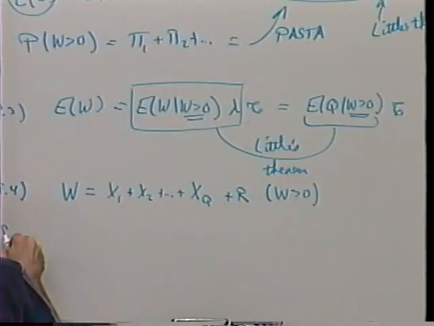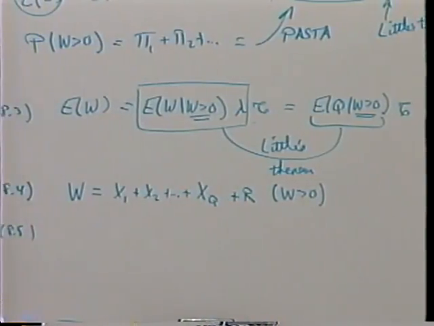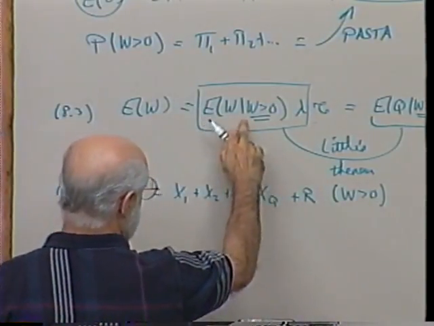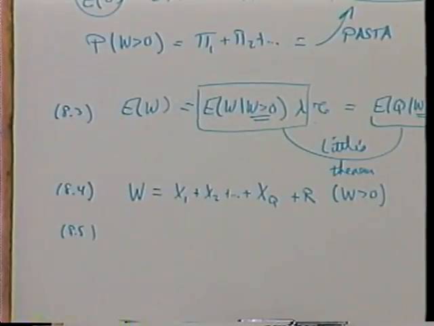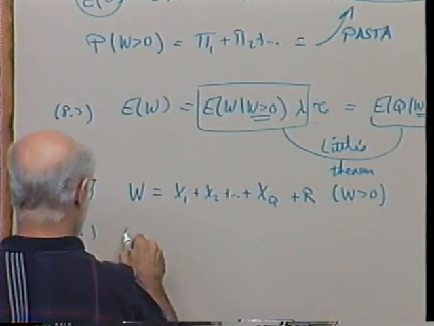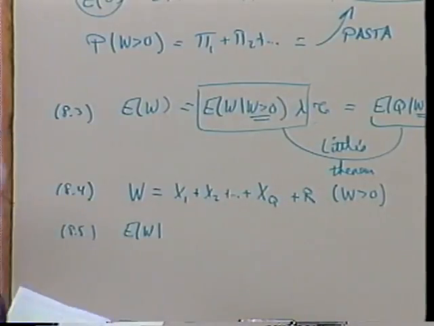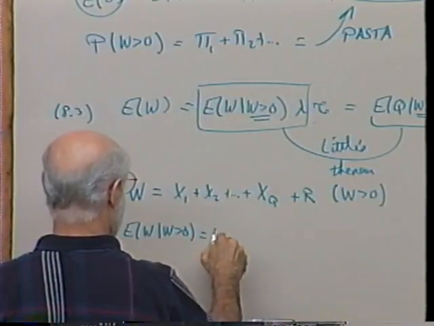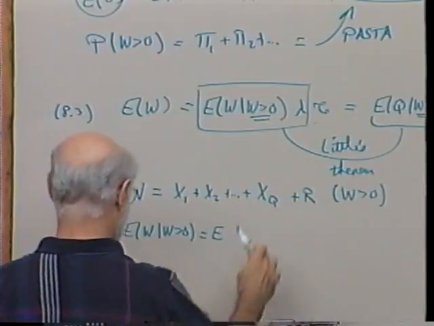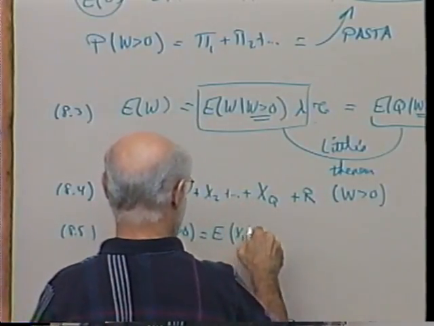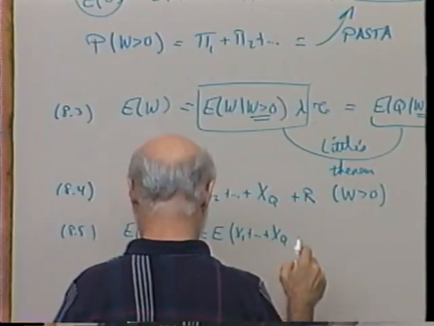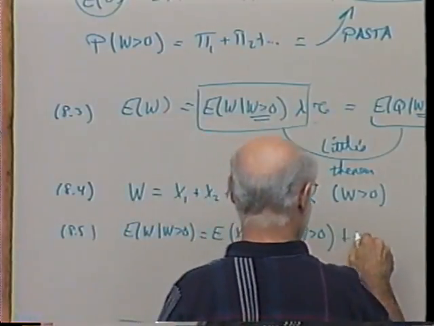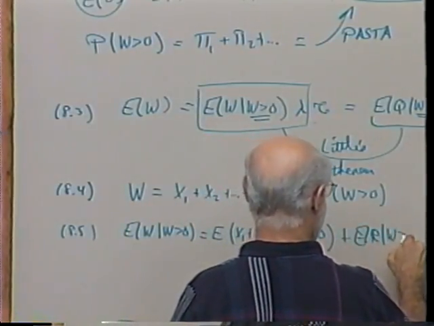Okay, now equation 8.5 says the following. We want to calculate expected values here, given this condition. In other words, I'm trying to calculate that thing right there. So the expected value of the waiting time, given that the waiting time is greater than 0, is equal to the expected value of x1 up through xq, given that W is greater than 0, plus the expected value of R, given W is greater than 0.